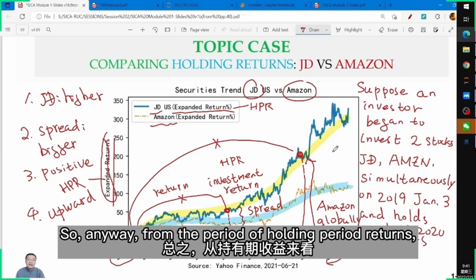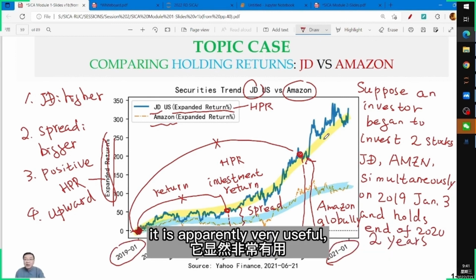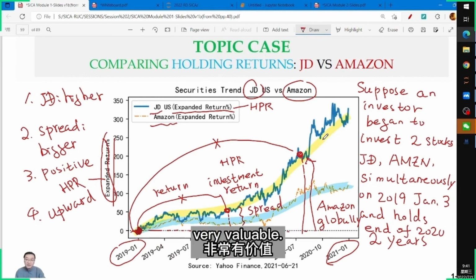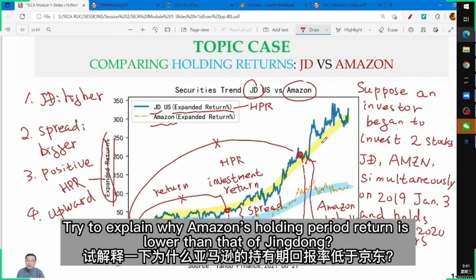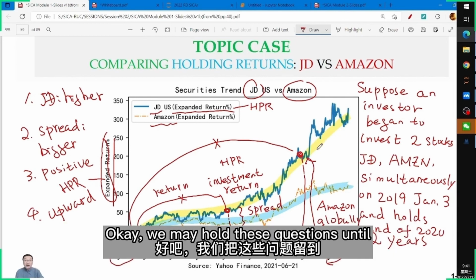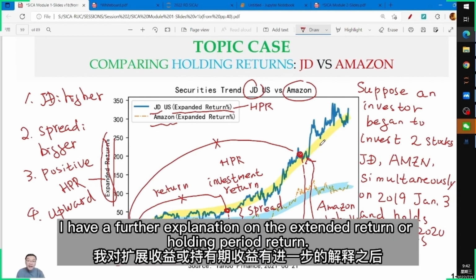So anyway, holding period return is apparently very useful, very valuable. Now I have a question for you. Try to explain why Amazon's holding period return is lower than that of Jingdong. Okay, we may hold these questions until I have a further explanation of the extended return or holding period return.